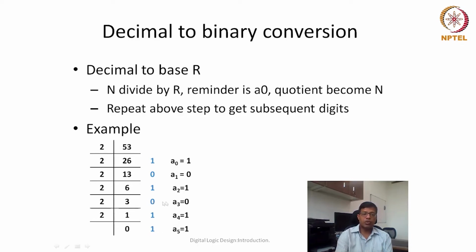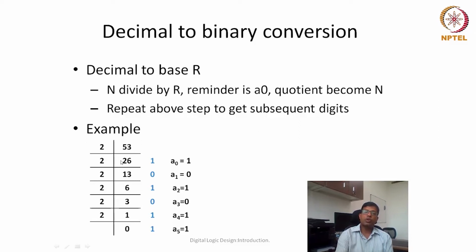Here the remainder is 0, so my subsequent binary bit is 0. And again I divide 3 by 2, the remainder is 1 and the quotient is also 1. Because the remainder is 1, my subsequent binary bit is 1, and again I divide this 1 by 2. Here the quotient is 0 and the remainder is 1. Because the remainder is 1, the next binary bit is 1.